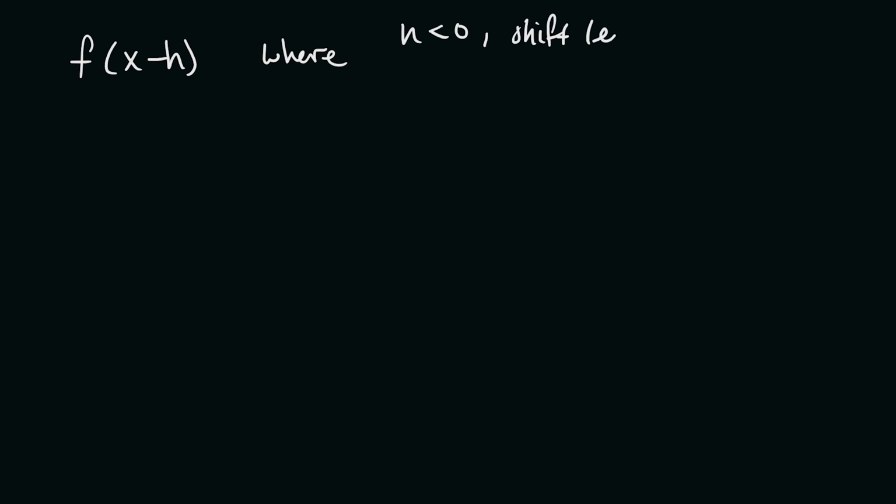So now I'm going to introduce to you what I would do in these types of scenarios. We know we have f of x minus h, where if h is less than 0, then it's shift left, and if h is greater than 0, it's shift right. Now, a way that I would think of this is f of x plus h.